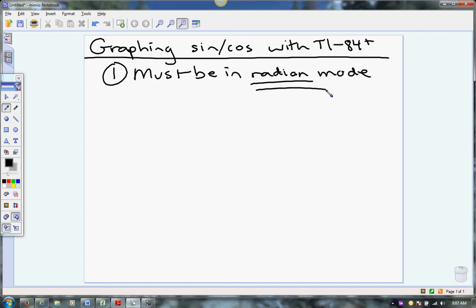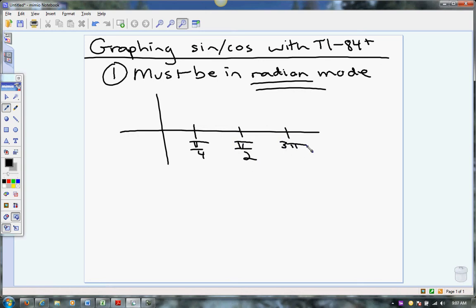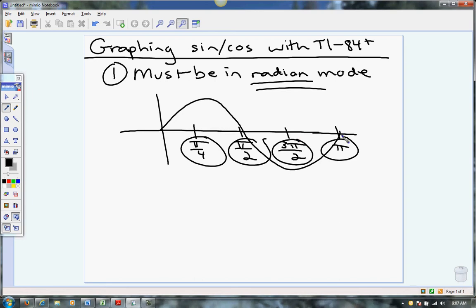And here's why. Remember, when we graph these things, all of my road markers are in terms of pi. I just threw this one up as an example. When I graph this thing, all of these road markers are in terms of pi.